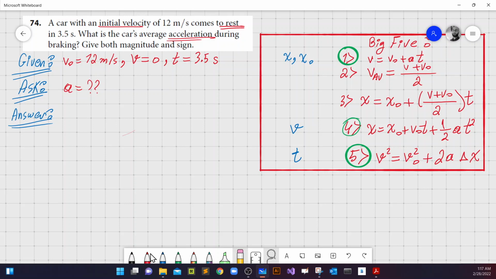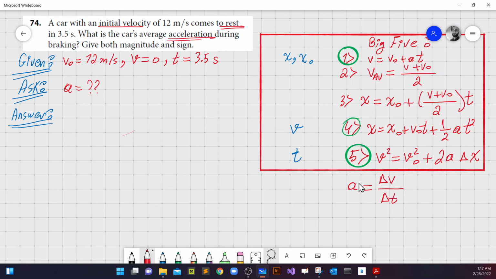According to the definition of acceleration, the average acceleration is given by the change of velocity over the change of time. This is another version of the first equation, just by rearranging the first equation we get this equation.